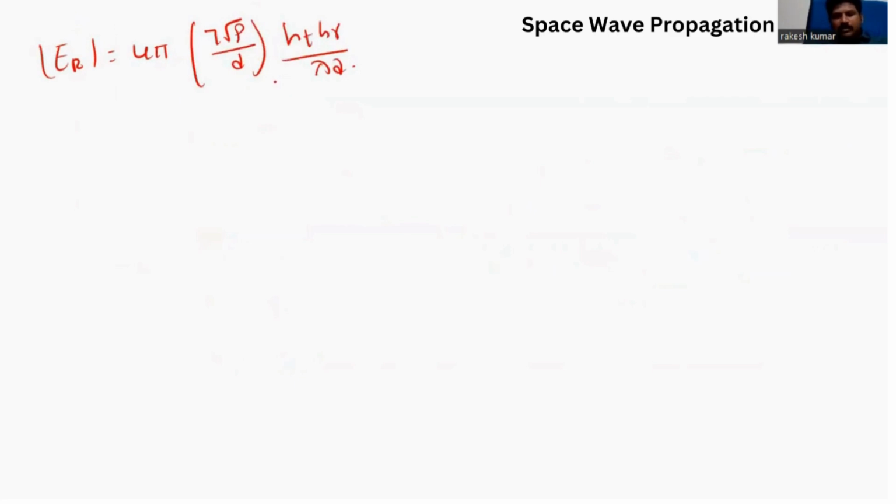Therefore, ER is equal to the resultant electrical field. ER is equal to 4 pi into 7 root P divided by d into ht hr by lambda d. So, I simply substitute 4 into, what is the value of pi? 3.14 into 7 into P into ht into hr.